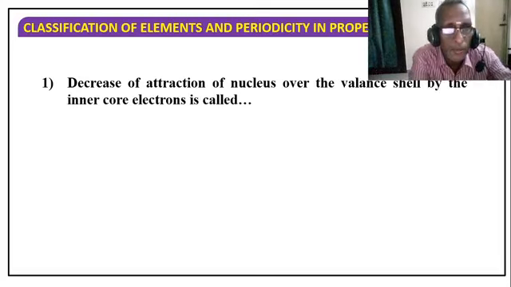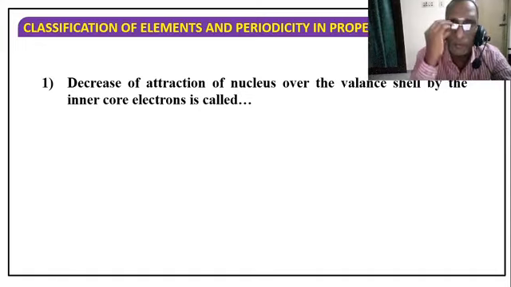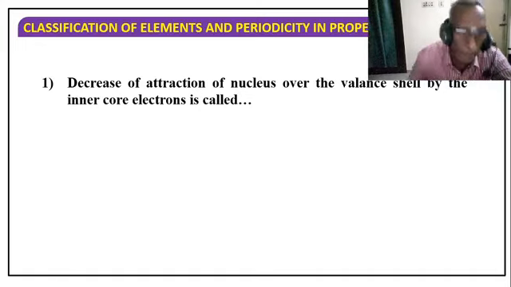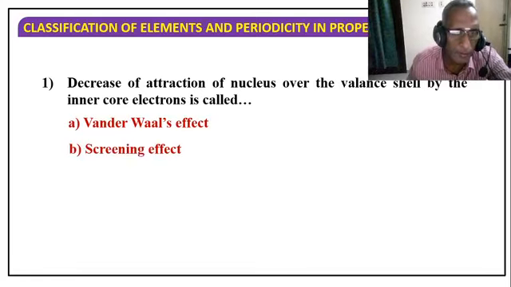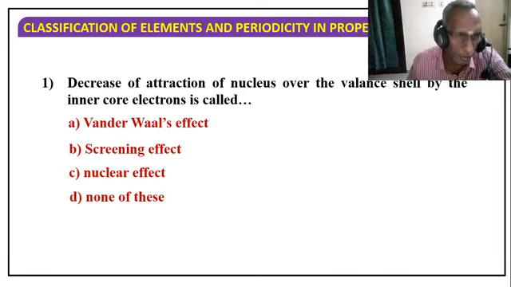Some questions. The decrease of attraction of the nucleus over the valence shell by the inner core electrons is called the screening effect. Everybody knows. Screening effect is the correct choice.